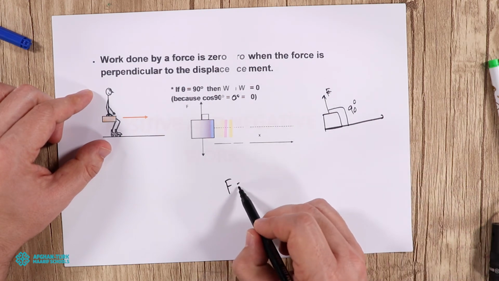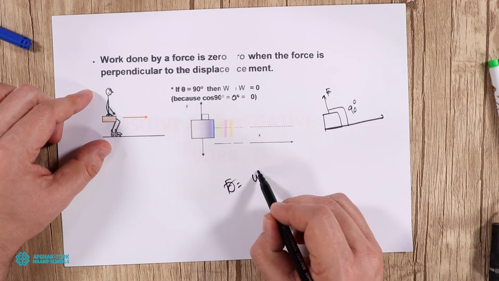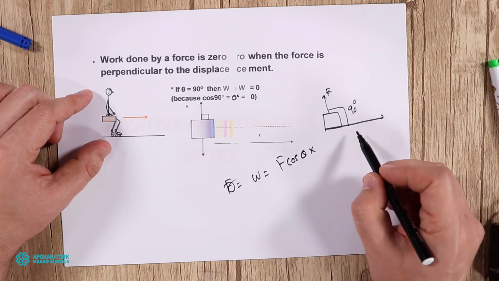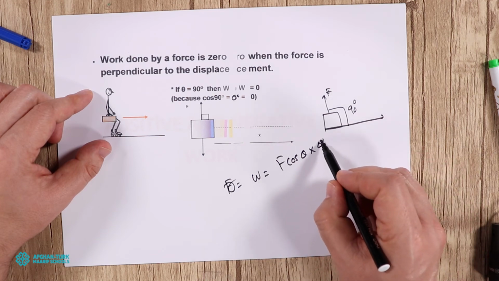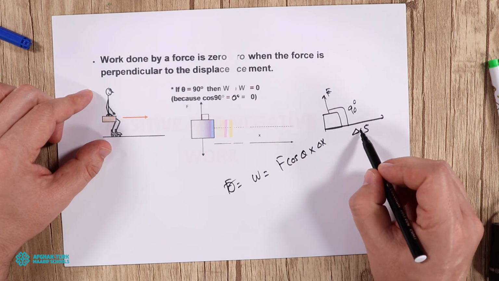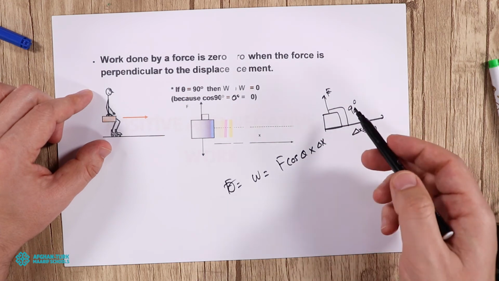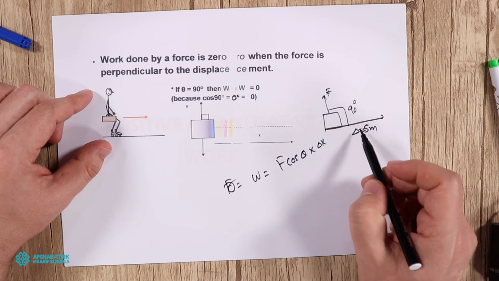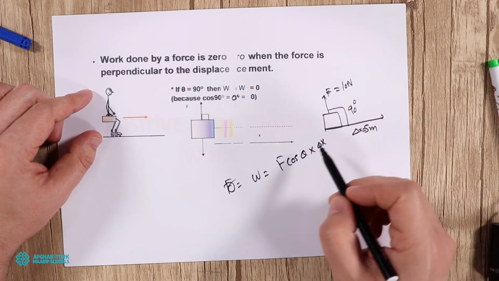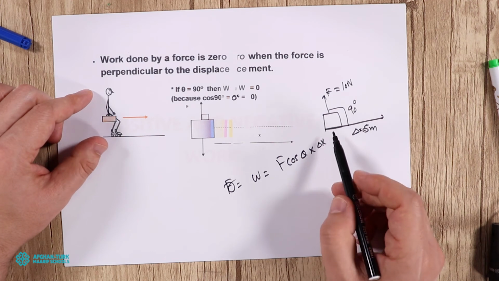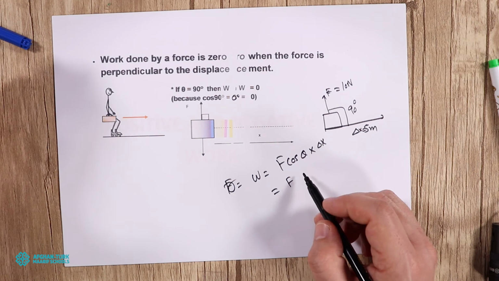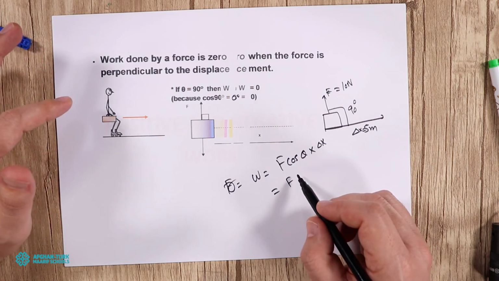If we use the formula W is equal to F cosine theta multiplied by displacement, and the displacement is 5 meter and the force is 10 Newton, the work done is also 0.